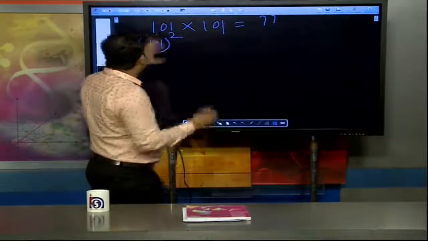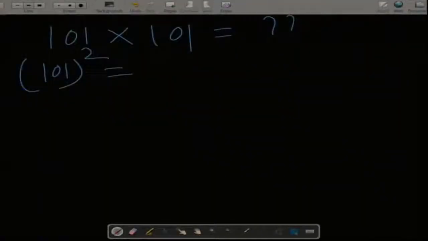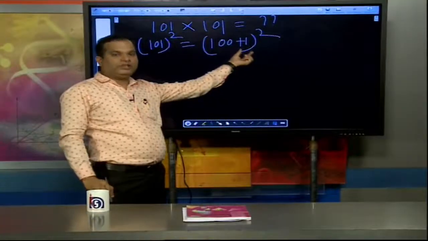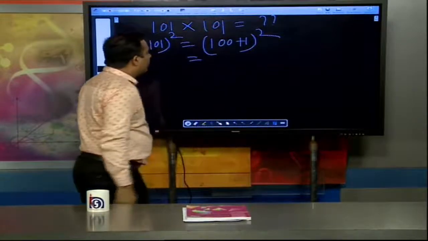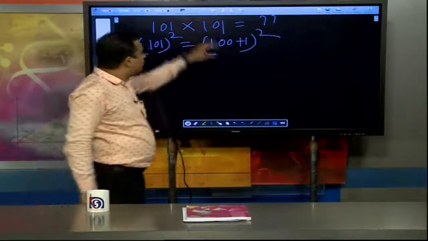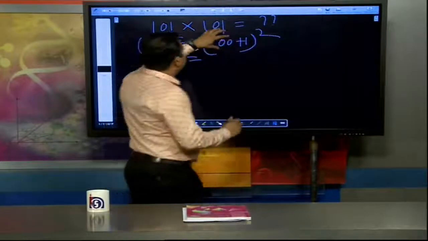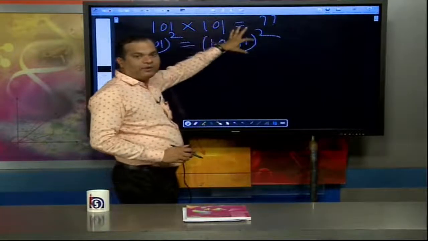So I can write 101 as (100 plus 1) whole square, because 100 plus 1 is equal to 101. Now you can put the formula (a plus b) whole square, where a is 100 and b equals 1.